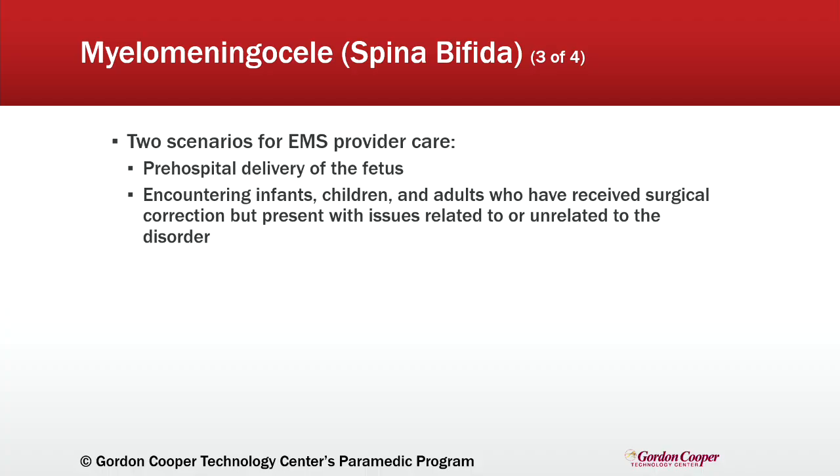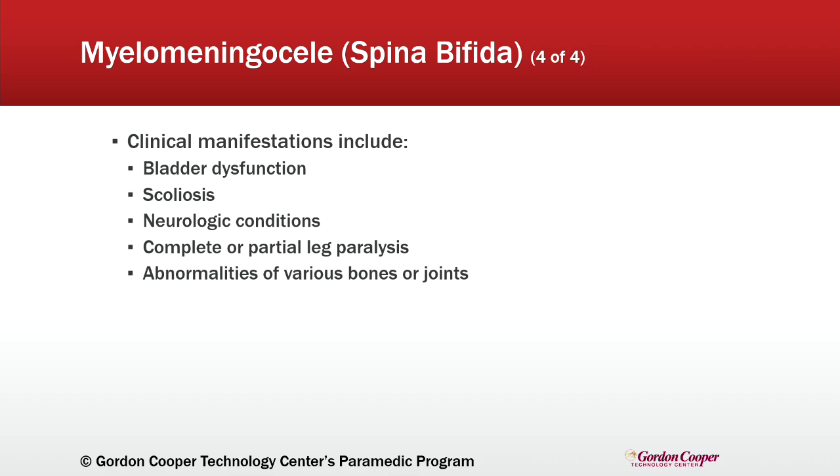Infants, children, and adults with prior surgical correction for spina bifida are likely to require careful positioning due to the vertebral column and orthopedic abnormalities. They usually present with issues related or unrelated to their spina bifida. Some patients experience bladder dysfunction, which often means they need frequent urinary catheterization.